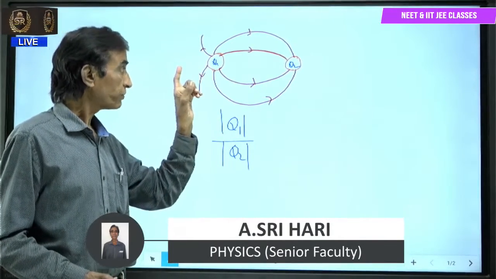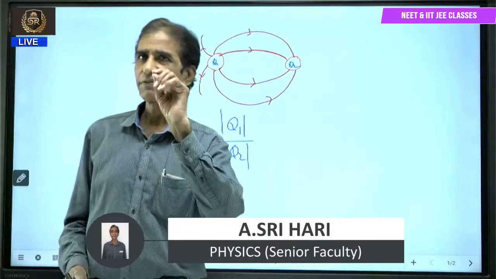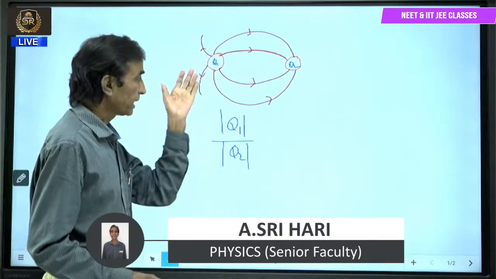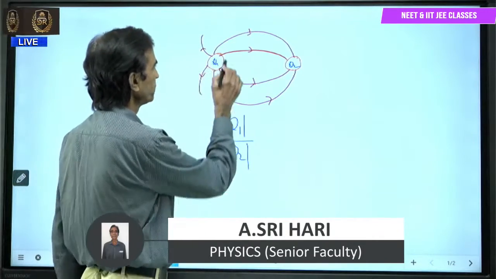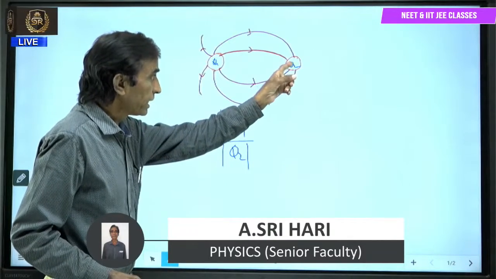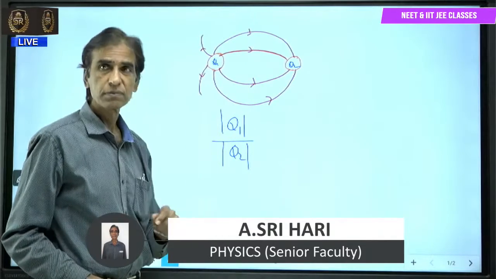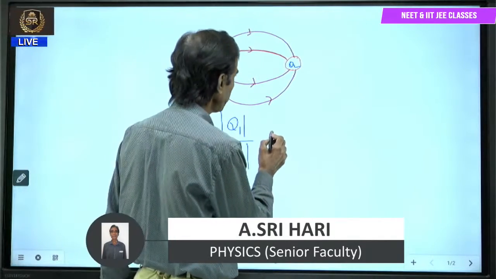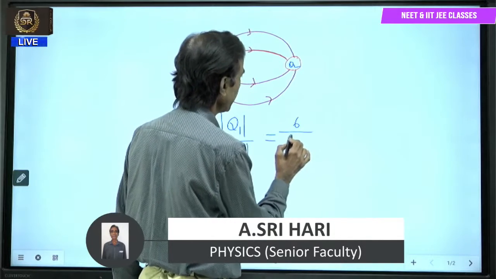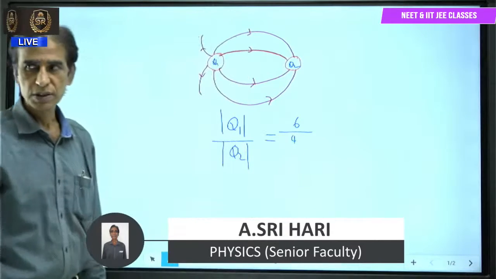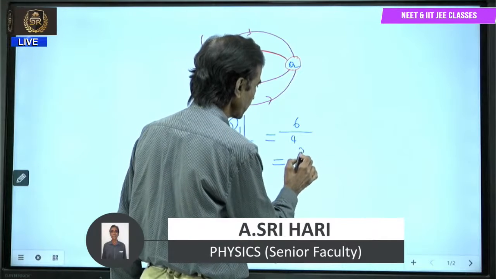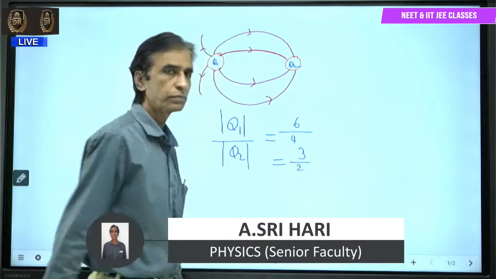We know the number of field lines should be proportional to magnitude. How many lines are there from Q1? Totally 6. How many lines are terminating at Q2? Only 4. Therefore this ratio must be 6 divided by 4, that is, Q1 by Q2 equals 3 by 2.